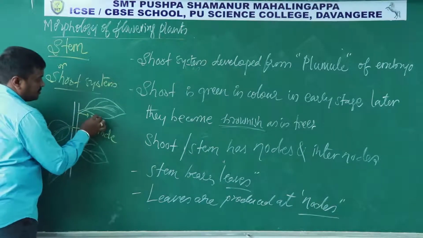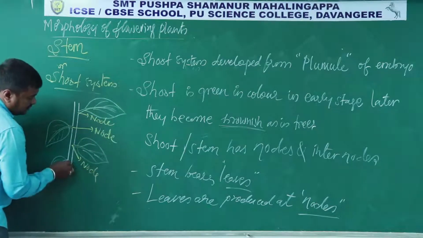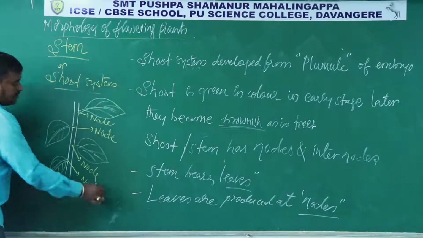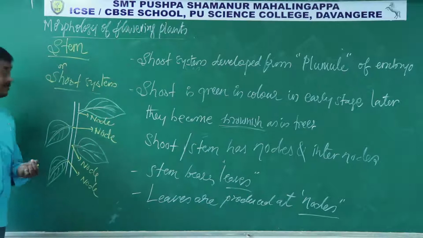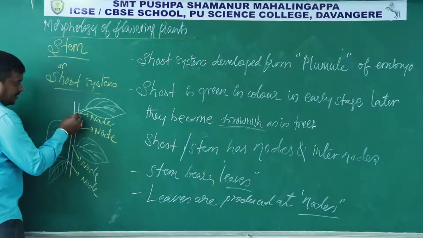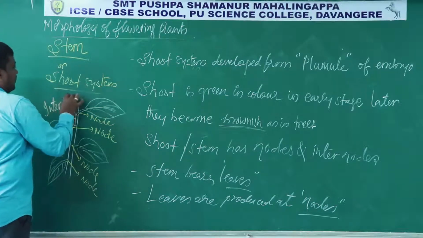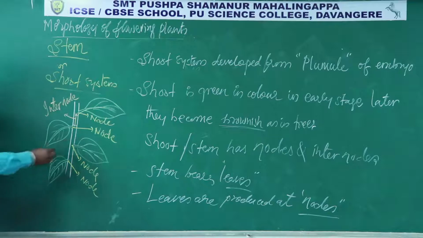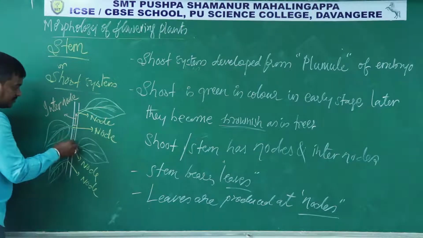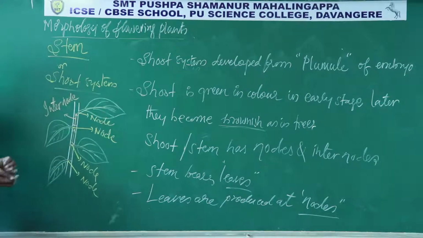So this is node, this is node, and this is also node. Okay, so between the successive nodes, so this is one node, this is another node. In between these, this part is internode. So this is internode, from here till here is internode. Like that, between two successive nodes is the internode.